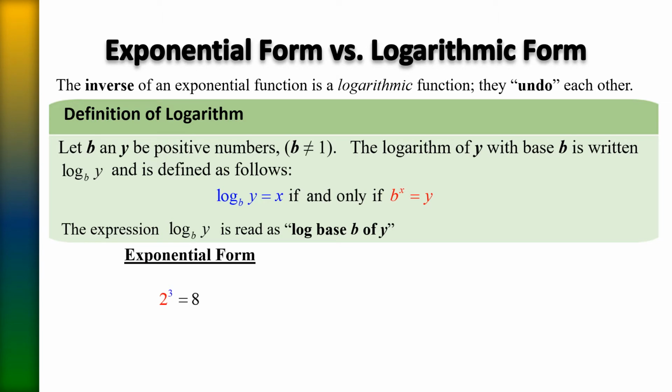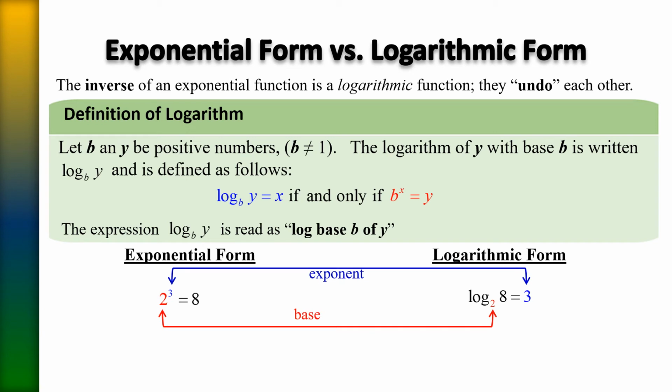In this example, we have in exponential form 2 raised to the third power equals 8. So yes, of course we know that if we multiply the number 2 three times, it's going to equal 8. Now that is the exponential form. Now we can convert that to logarithmic form very easily.